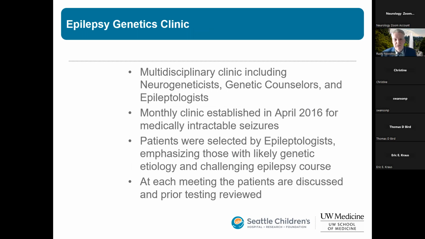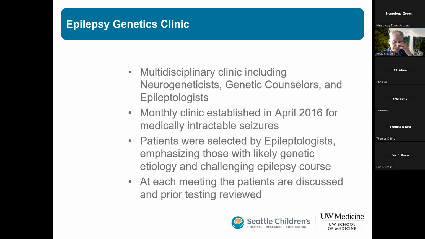So as a result of that, we actually started an epilepsy genetics clinic here in 2016, where we included our neurogeneticists, both at Seattle Children's, genetic counselors, and our epileptologists. The epileptologists were really responsible for ensuring that patients had an adequate evaluation and really defining the phenotype, and the genetic counselors and neurogeneticists would help define the best testing to give the best diagnostic yield.